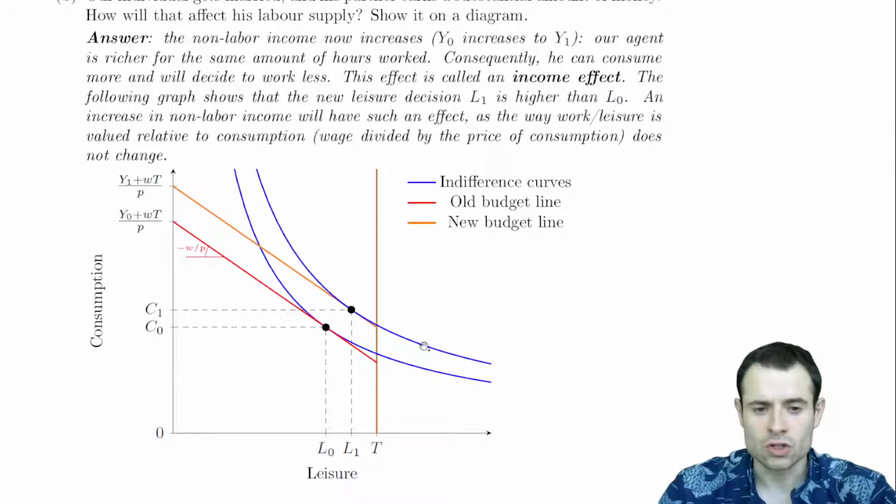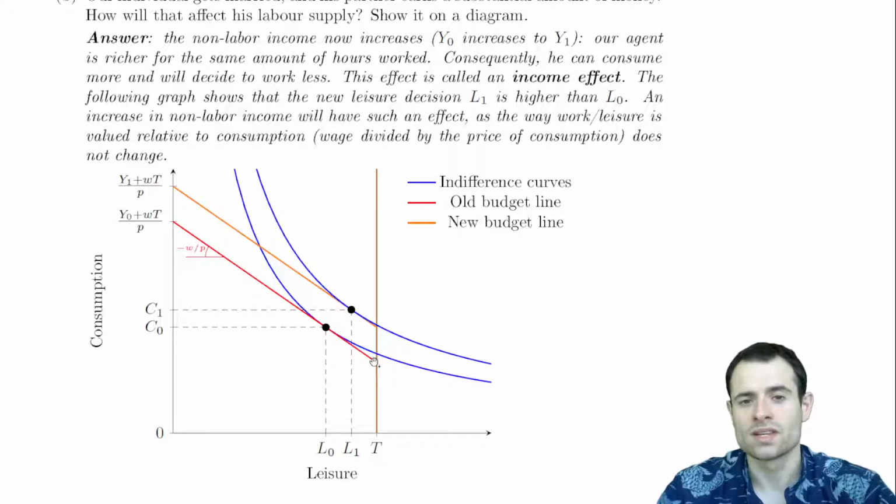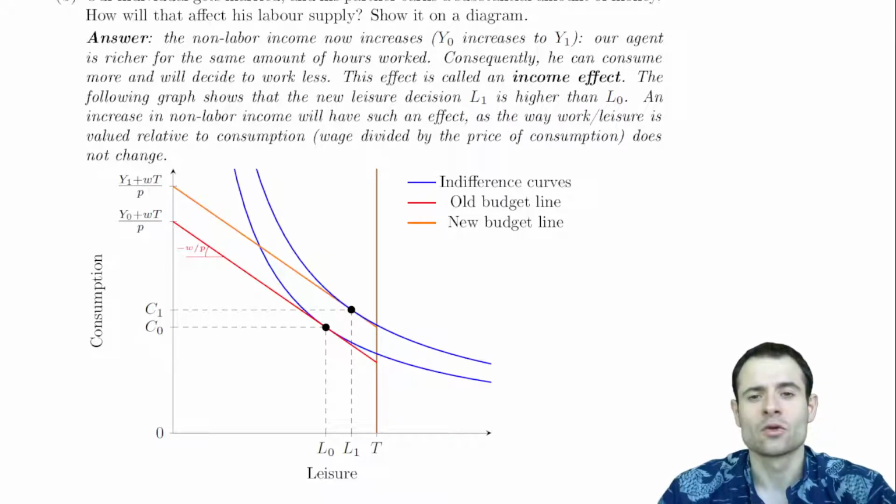The new budget constraint in orange is a shifted version of the red budget constraint, vertically shifted. The shift here corresponds to the difference between Y1 and Y0. This is the supplement that the partner brought after getting married.